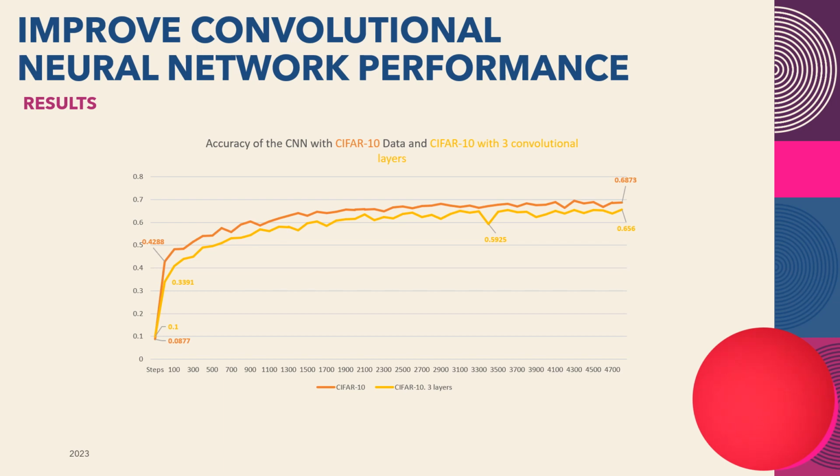In conclusion, adding one extra layer here didn't show a big increase in the accuracy. It was actually the opposite. We have a little decrease in the accuracy of the convolutional neural network.